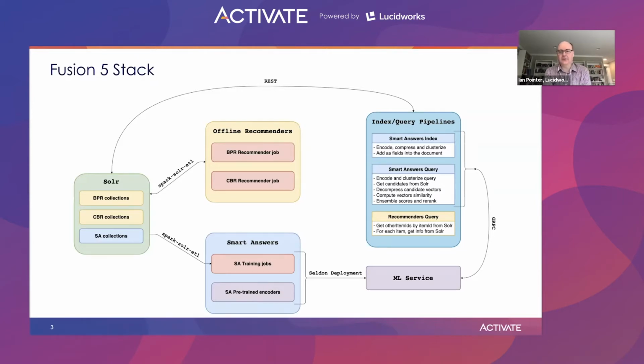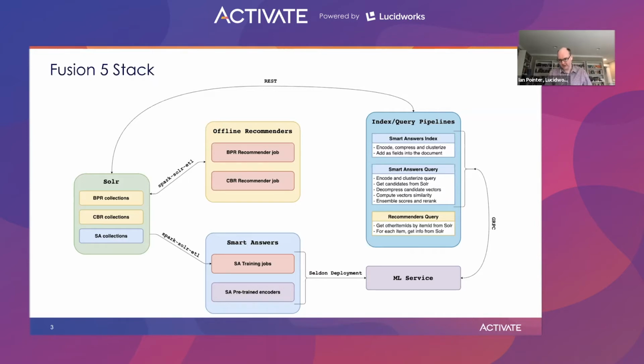And then on the pipeline side of things, at index time, for Smart Answers, we call out to the model with the document and get an encoding from the model for that document. And then we compress that vector representation and the clusters and add them to fields in the document, which then gets indexed into Solr. And at query time for Smart Answers, what happens is that we have to go off to the model again to encode and clusterize the query.